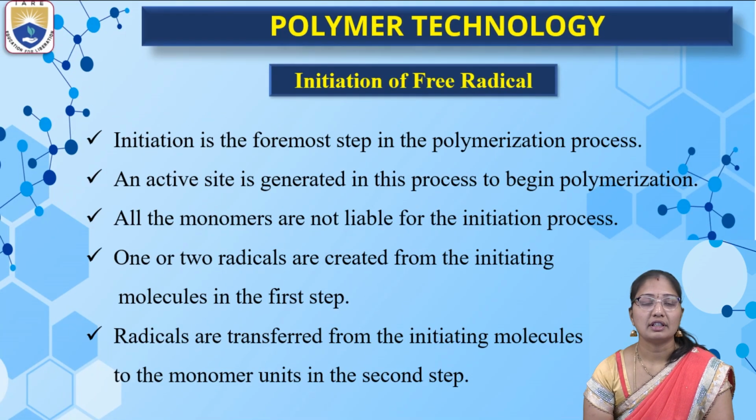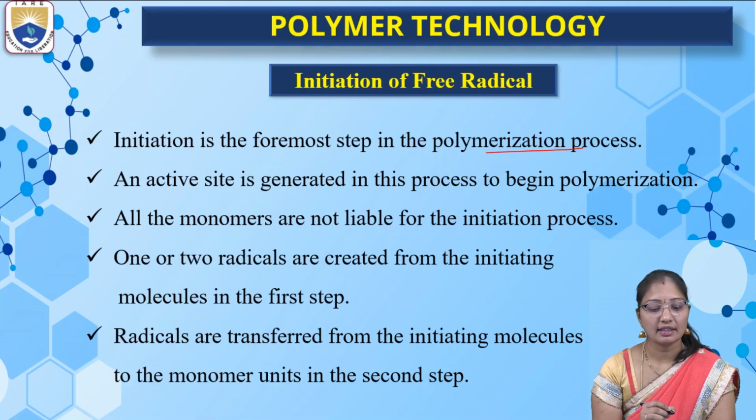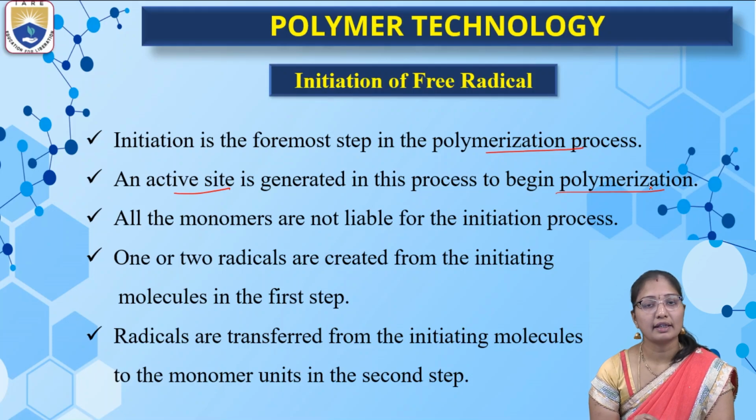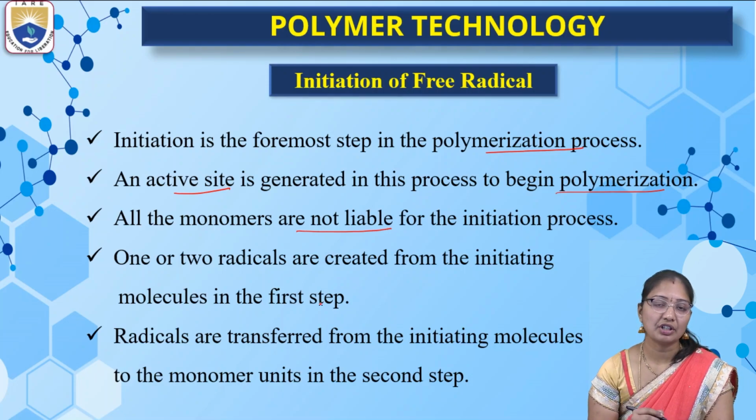So the initiation is the first and foremost step of this polymerization process. First, the active site is generated on the monomer unit, which begins the polymerization reaction. All the monomers are not liable for the initiation process. So one or two free radicals are created in the initiating step, which causes the chain reaction.